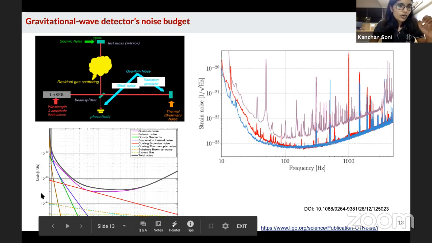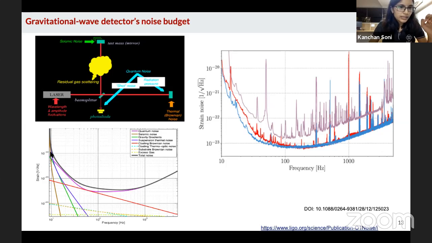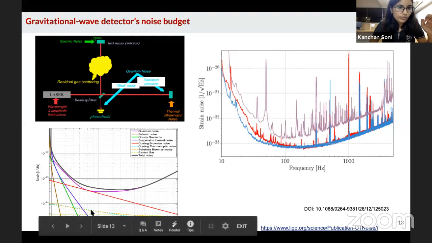Now let's add all these noise components together. We get a total noise curve, and this is what we have to overcome for detecting any gravitational wave which comes at the level of 10 raised to power minus 21 or 23 or beyond that.